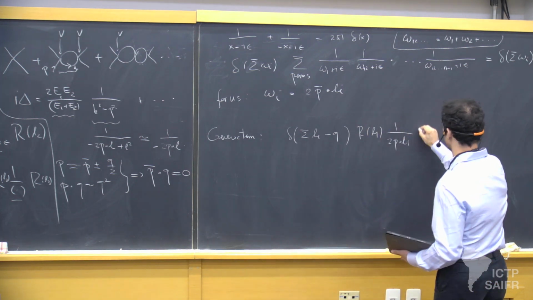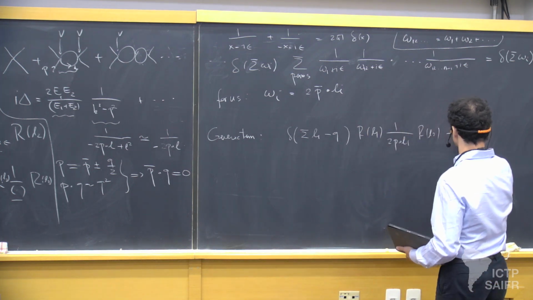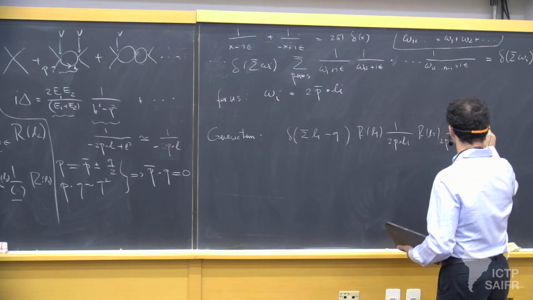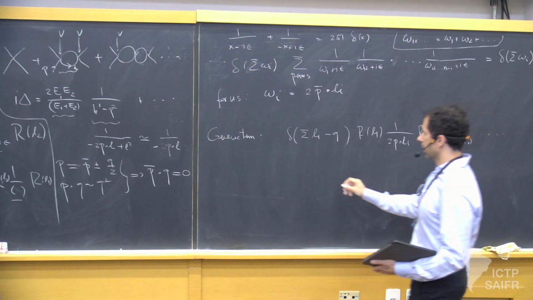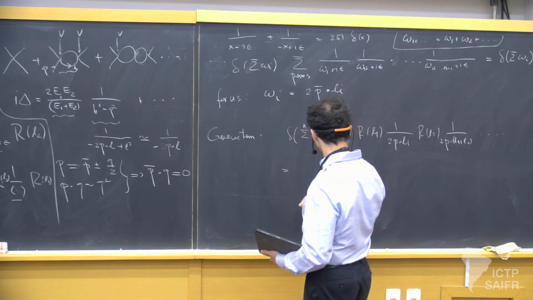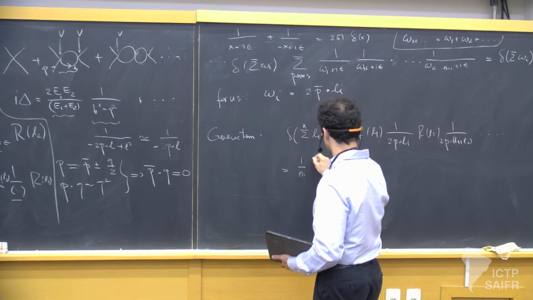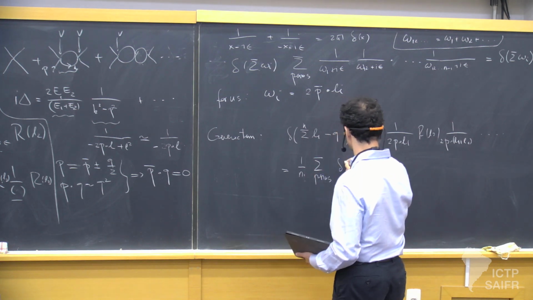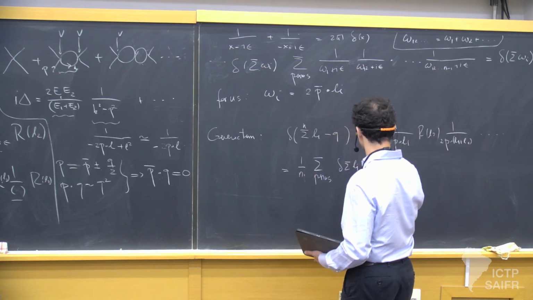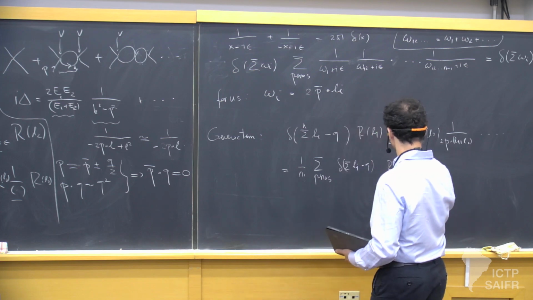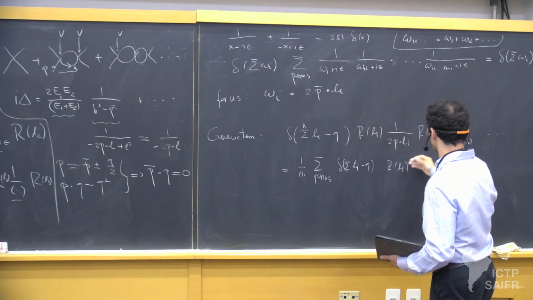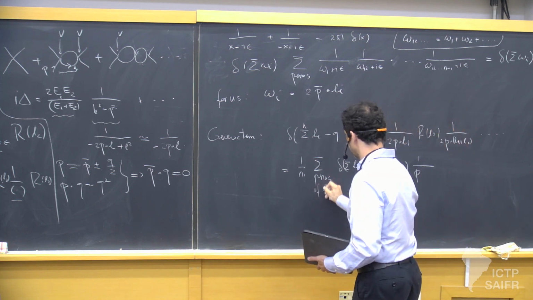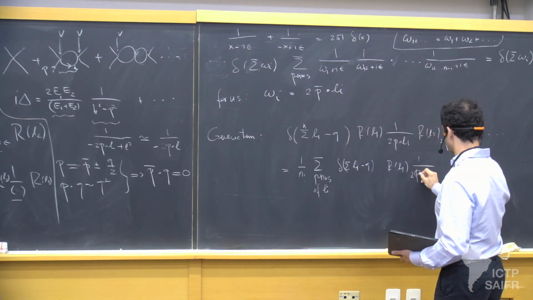Let me ignore the I epsilon, R of L2, P dot L1 plus L2, and so on. And then there are n of these. So this is the same as 1 over n factorial, sum over permutations of Li's, 2P dot L1.